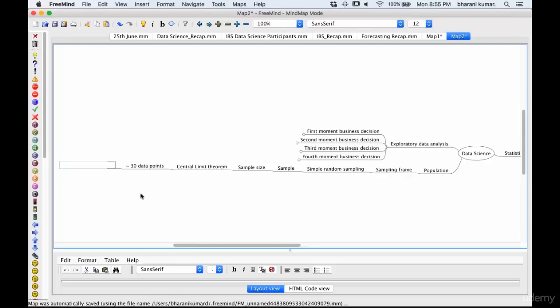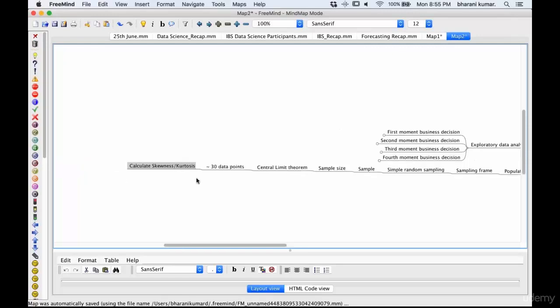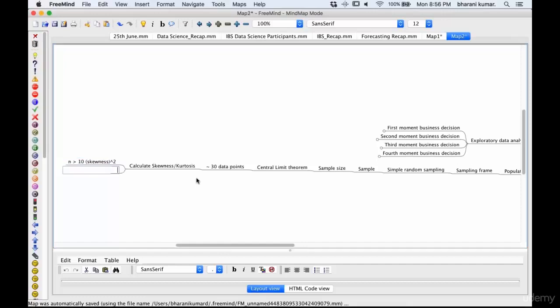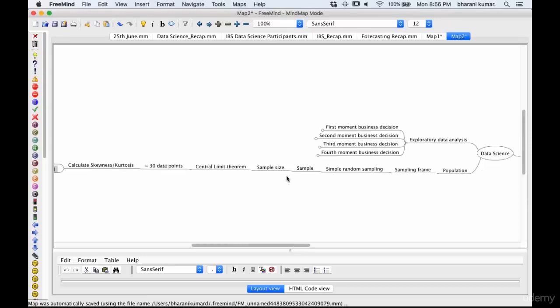And after taking 30 data points, you calculate skewness or kurtosis, and based on this you use this basic thumb rule, which is n greater than 10 times skewness square or n greater than 10 times modulus of kurtosis. Now, this would give you the approximate sample size.